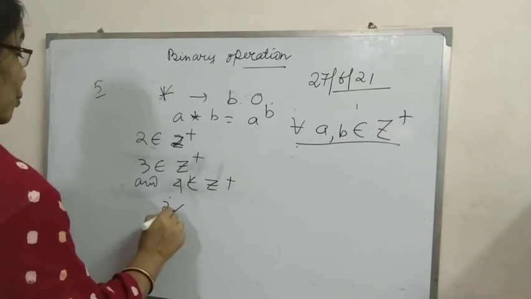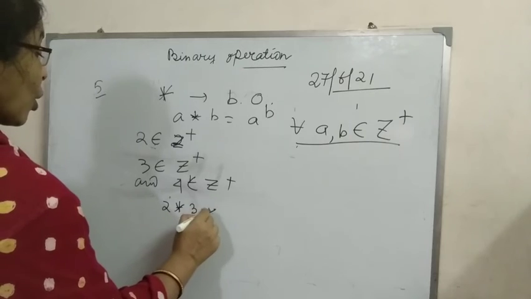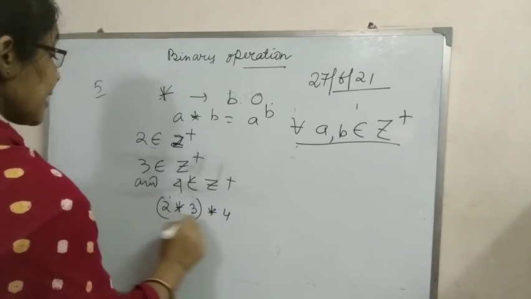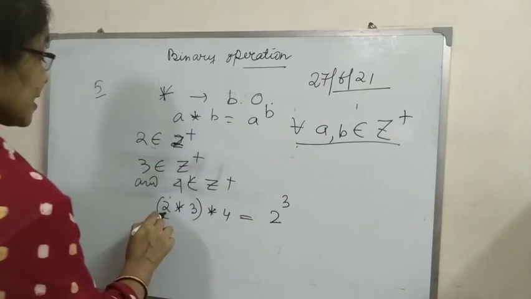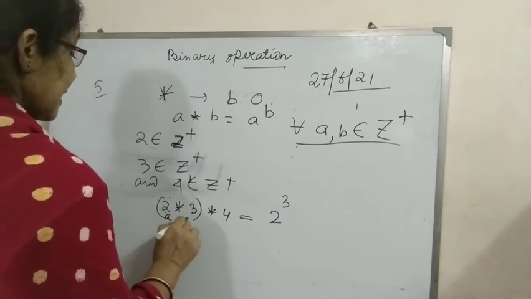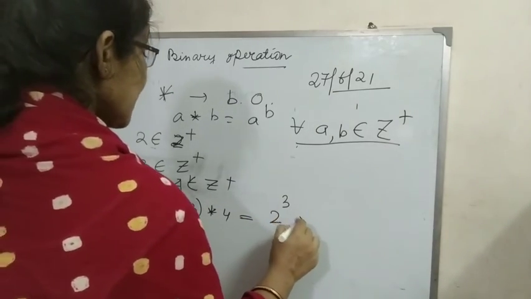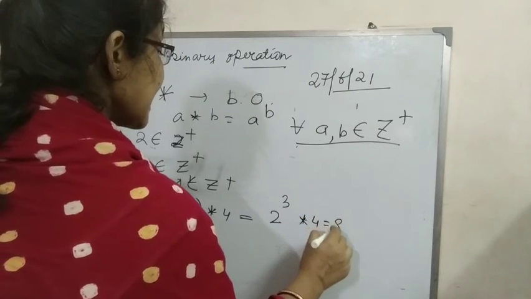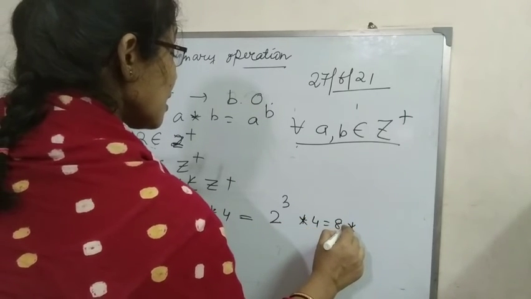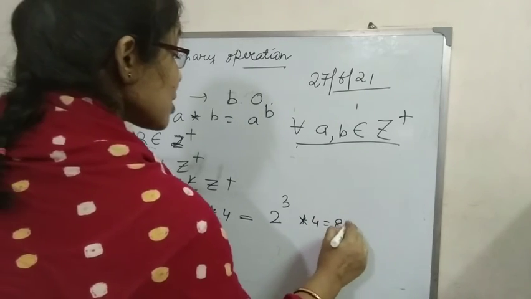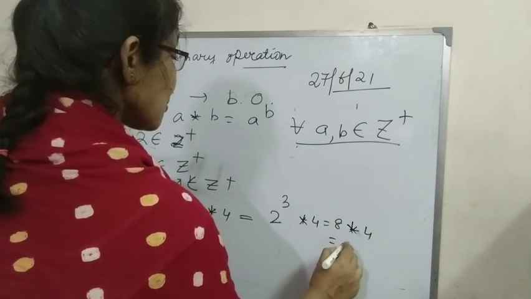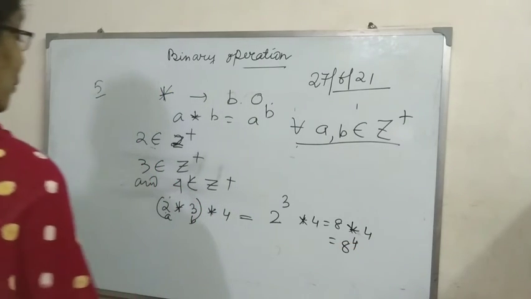But (2 operation 3) operation 4, that is equal to 2 to the power 3. Here A is 2 and B is 3. 2 to the power 3 operation 4, that is 8 operation 4, that is equal to 8 to the power 4.